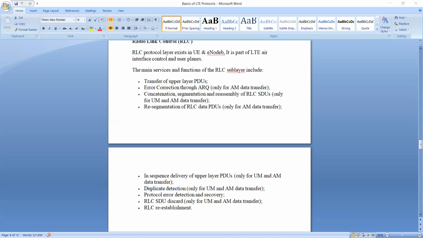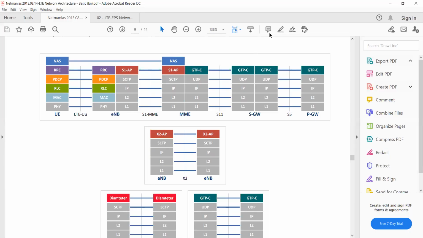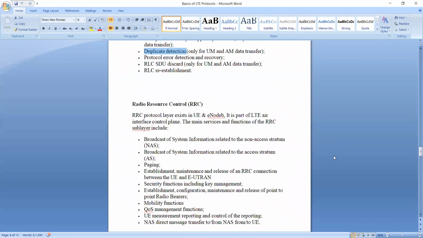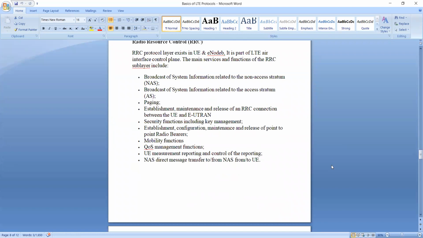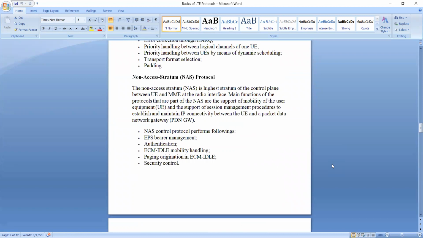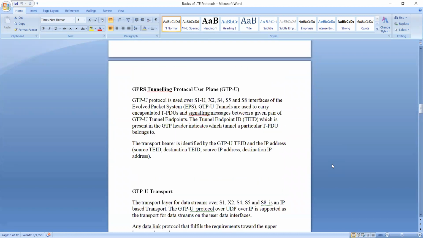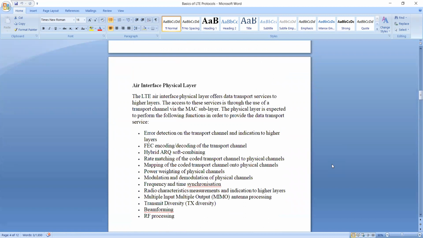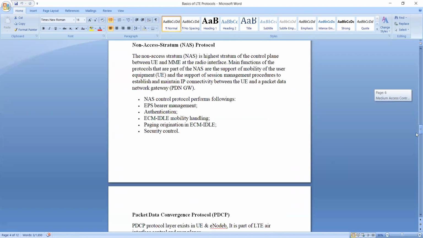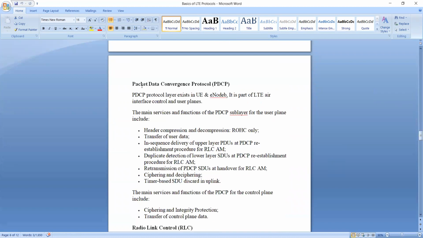So next is which layer? PDCP, right? PDCP is the packet data convergence protocol. It is mainly responsible for packet compression. It compresses the packet based upon ROHC, robust header compression, that is the ROHC full form.